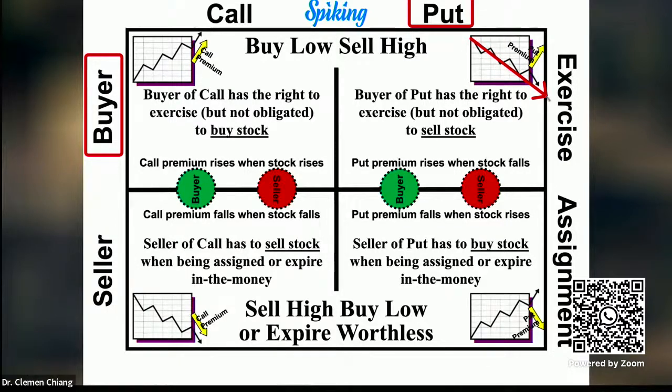As the stock price goes down, the put premium goes up. So you buy low. How low is the low? The value of your contract. And you sell high as the price goes up. And in fact, in the event Pinterest crashed to zero, he will sit on unlimited profit.